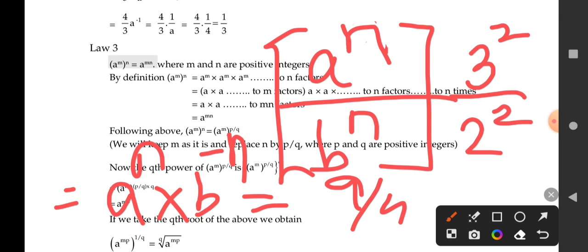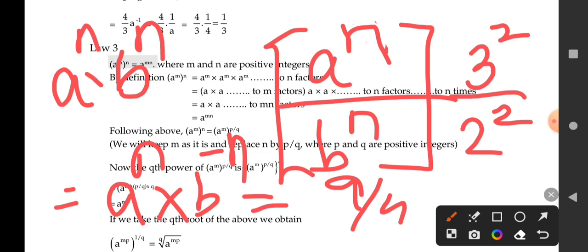So there is no such law for same powers and different bases when you divide, but you have a law for same powers and different bases when they are multiplied to each other. This becomes a into b whole raised to n.